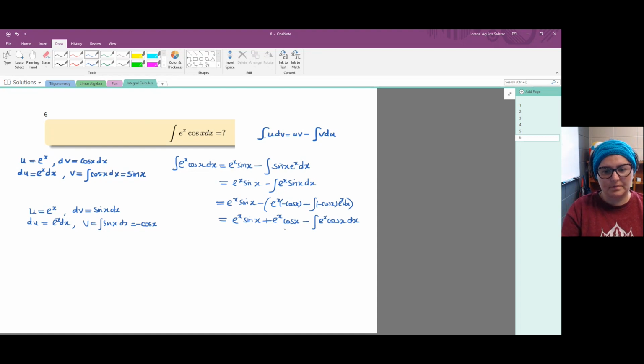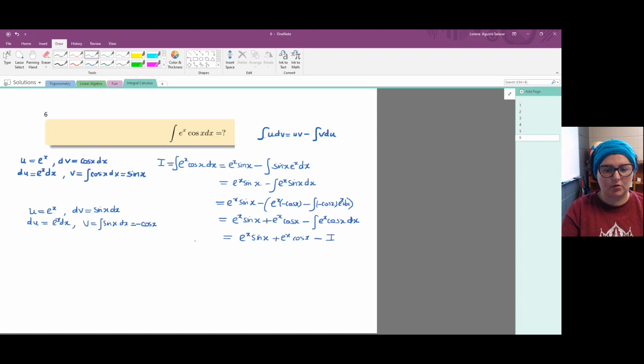And we realize that the integral we're trying to find, which is the integral of e to the x cosine of x dx, is the same as something minus the integral. So we have e to the x sine of x plus e to the x cosine of x minus the integral.